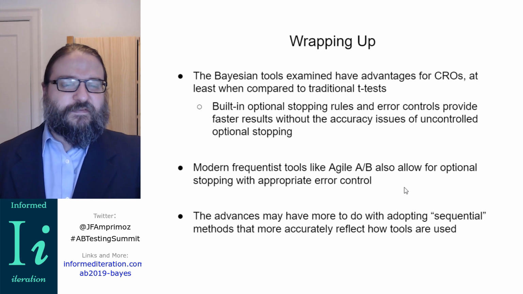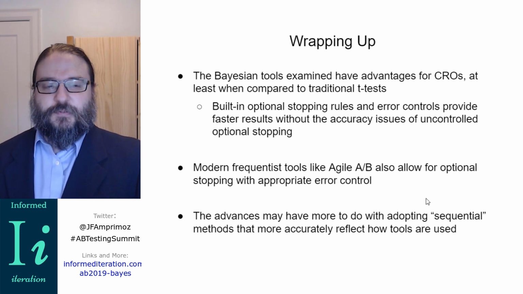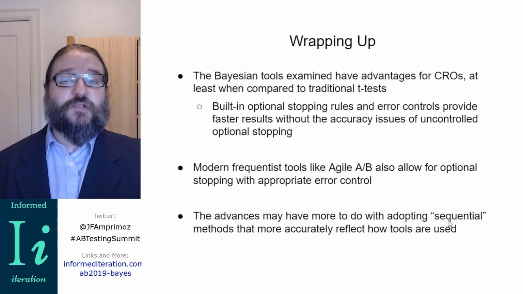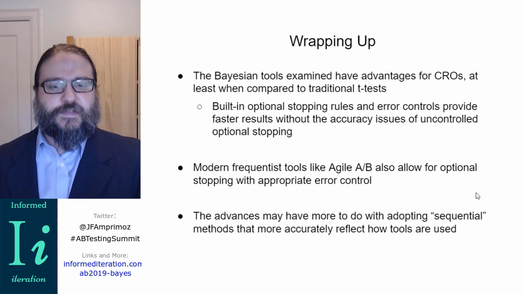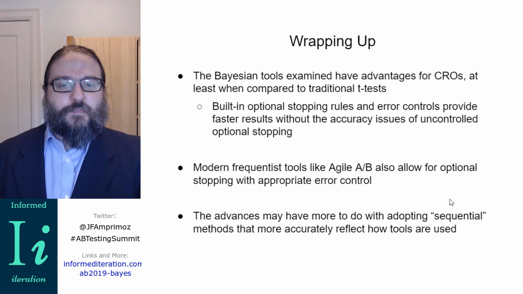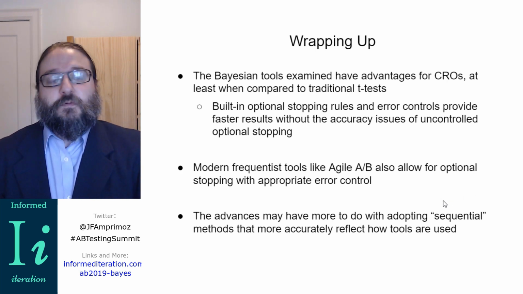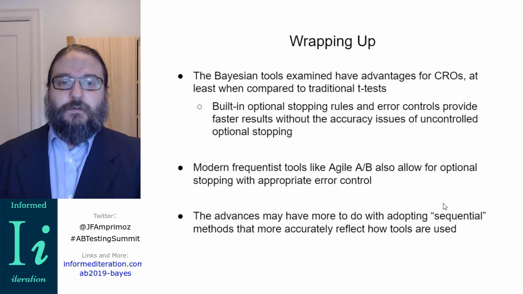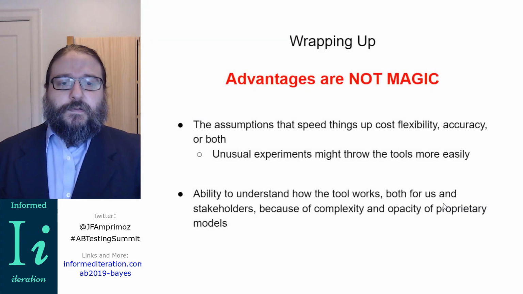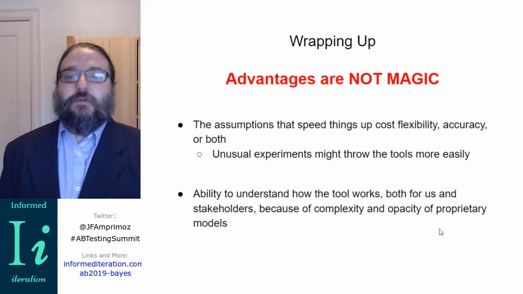So the advantages may have more to do with adopting sequential testing, using sequential statistical methods that more accurately reflect the reality of how we use tools in CRO. So there are advantages, but they're not magic.